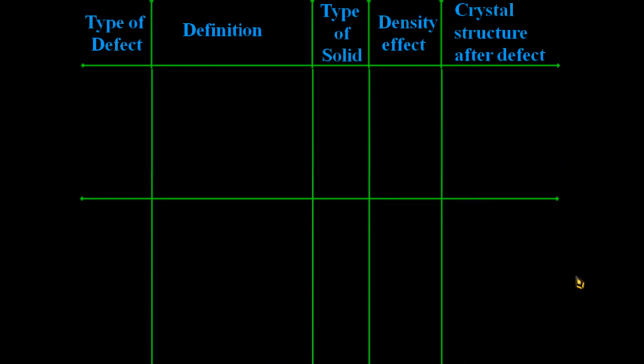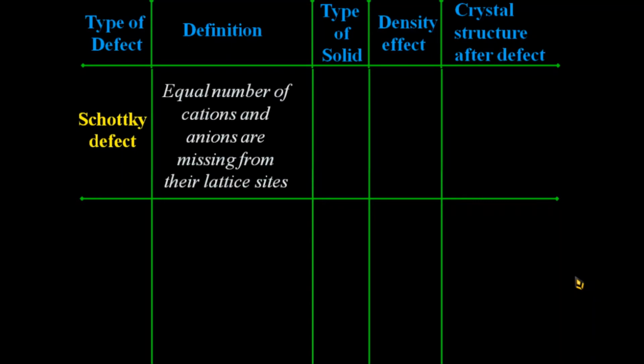The next one, Schottky defect. Equal numbers of cations and anions are missing from their lattice sites. It occurs in ionic solids. Density decreases because the pair of cation and anion is missing from their lattice sites.